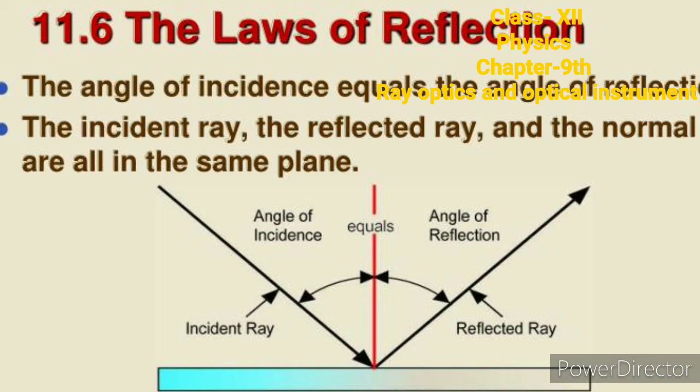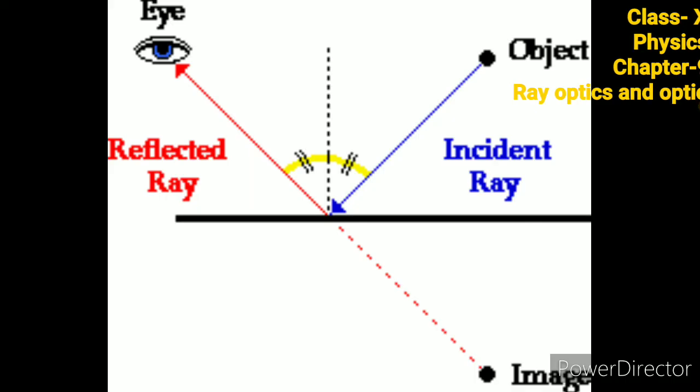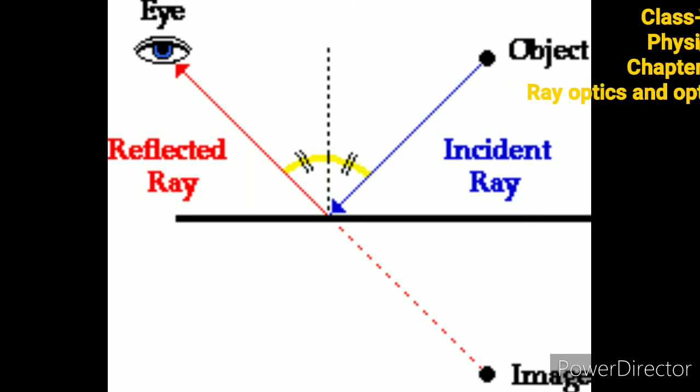First, the angle of incidence is equal to the angle of reflection. Second, the incident ray, the reflected ray, and the normal at the point of incidence lie in the same plane. The above two laws hold in both regular and irregular reflection.